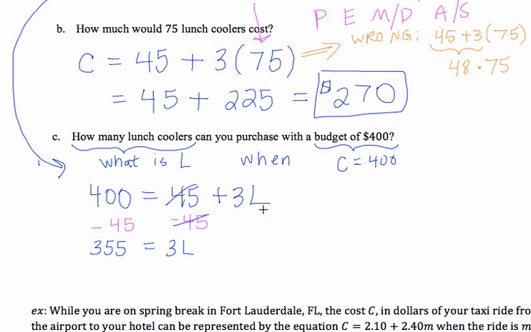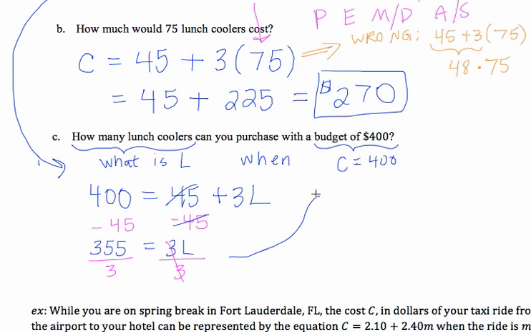So then to get rid of the 3, we need to divide both sides by 3. Divide by 3, divide by 3. Now those 3's do cancel. We're going to talk a lot more about when you can cancel and when you can't, but the 3's cancel in this case because 3 divided by 3 is just 1. And we get L equals, let's be very clear with your work.